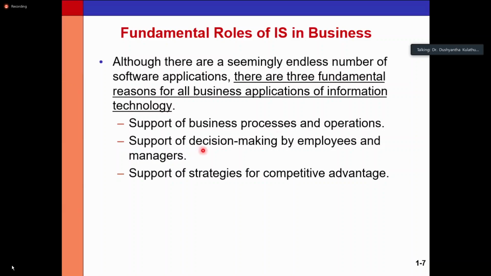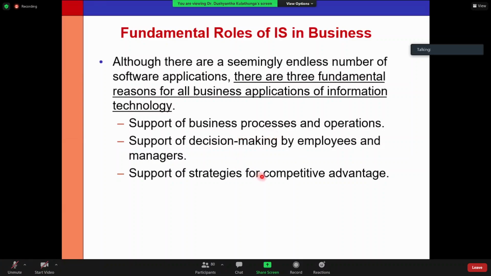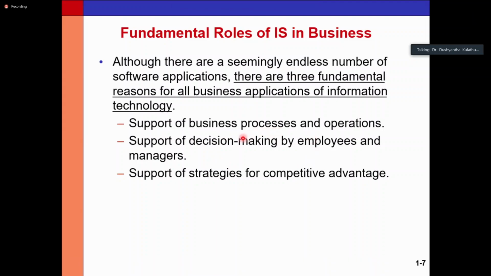Can you identify any other major reason as to why you utilize information systems or software applications in your organization? You can analyze in detail and most probably you should find that the organization focuses on achieving one of these three objectives when utilizing software applications.